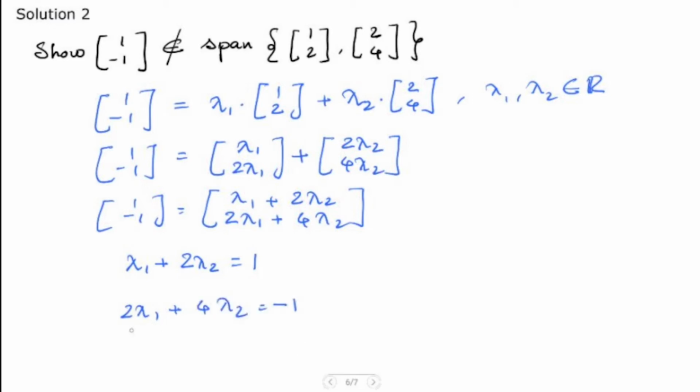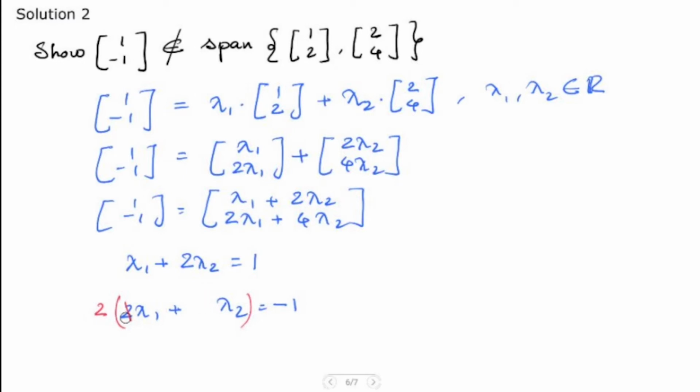Now from the second equation, we can take out 2 as common. So let's do that. If we take out 2 as common, this would no more be a 2 and this would be a 2, right? So let's write that down here.